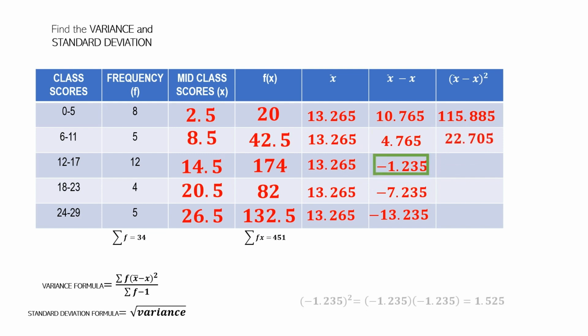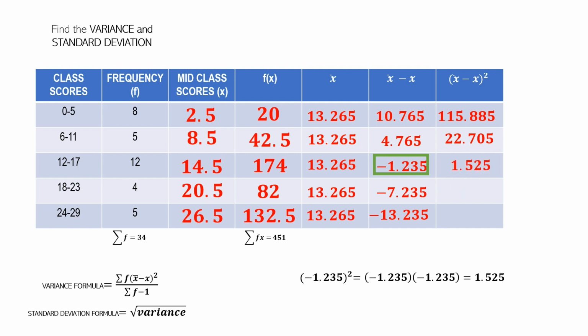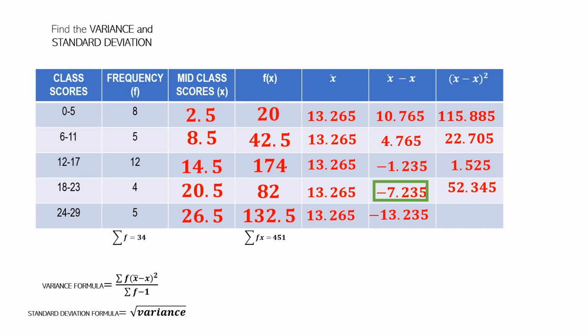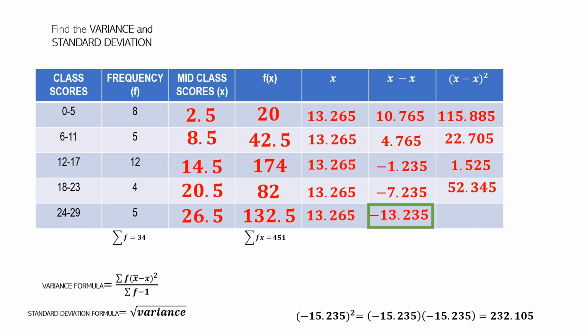Third, 1.235 squared is 1.525. Fourth, 7.235 squared is 52.345. Fifth, 13.235 squared is 175.165. We are done with the sixth column.